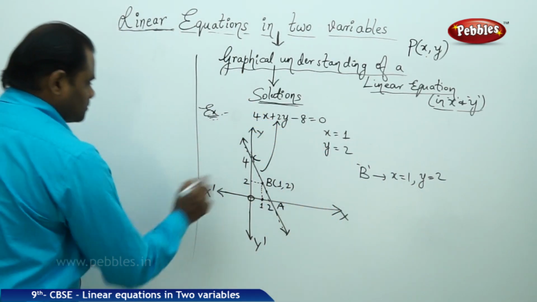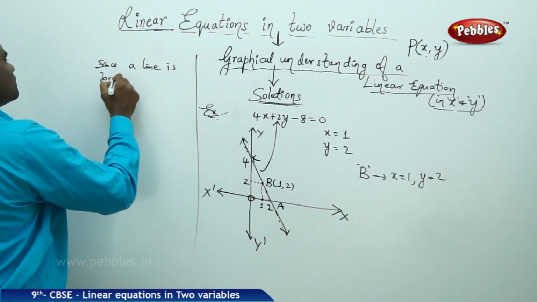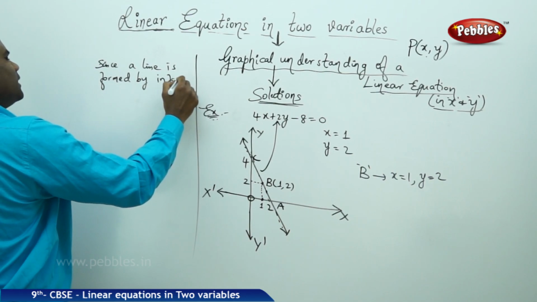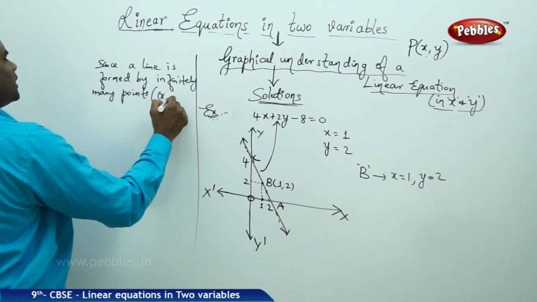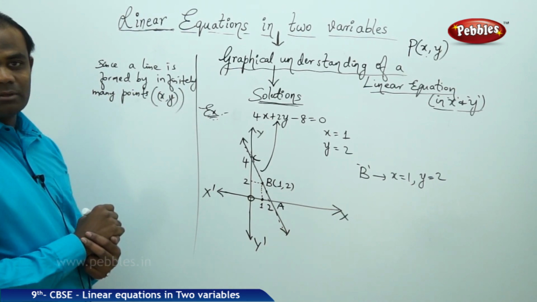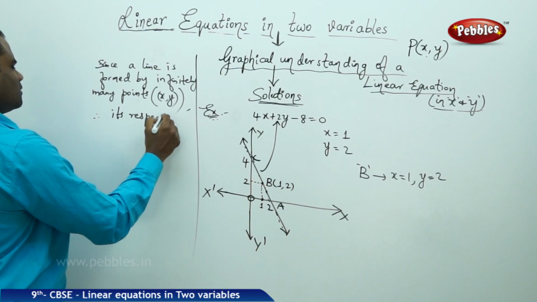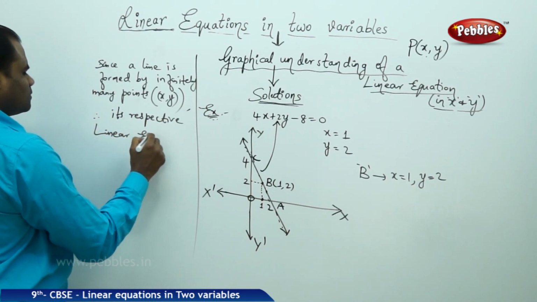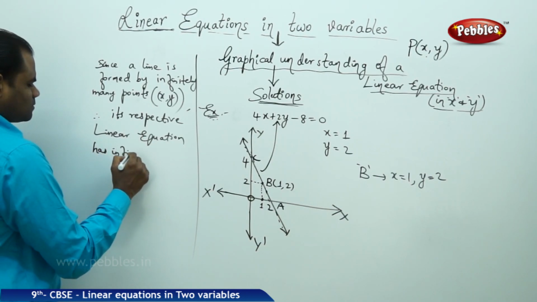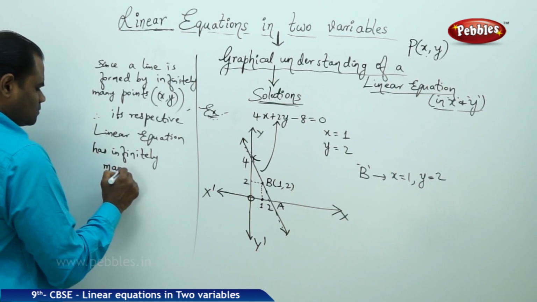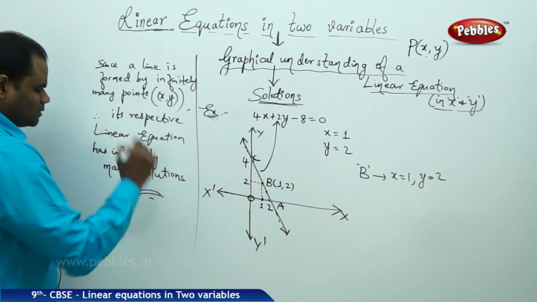So graphically, it proves that since a line is formed by infinitely many points x comma y, therefore its respective linear equation, as in this case being this, has infinitely many solutions.